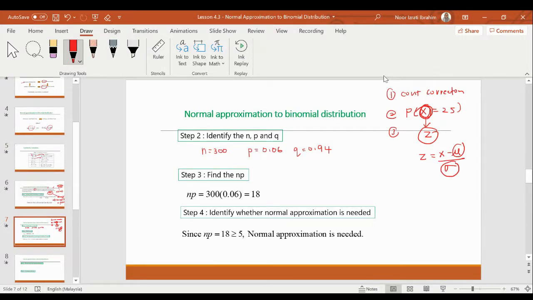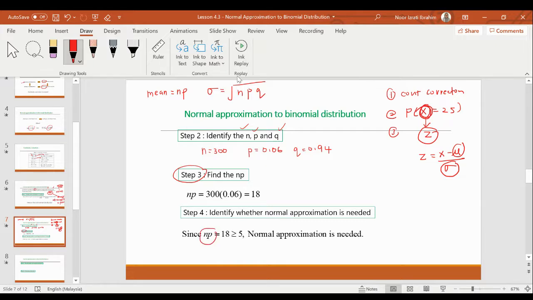To find them, you will need n, p, and q. For binomial, the mean equals n times p, and the standard deviation equals square root of n times p times q. Once you have converted x to z, only then can you refer to the table and find the value of probability.